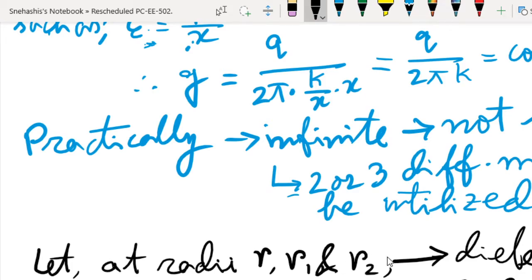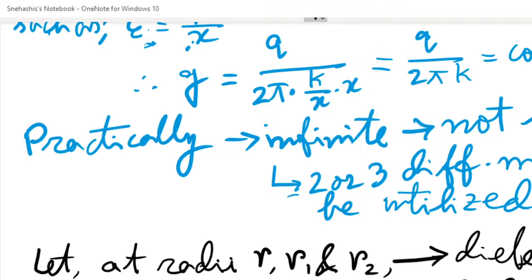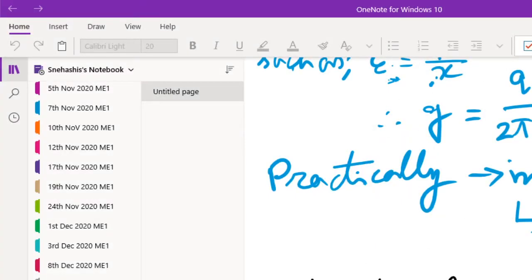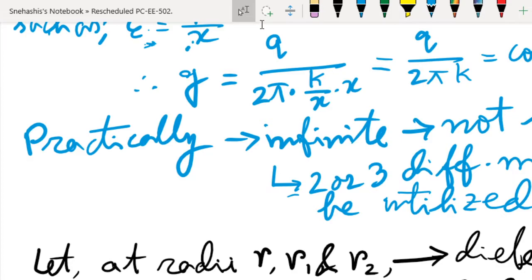Let the dielectric strengths be chosen as capital G1, capital G2, capital G3.